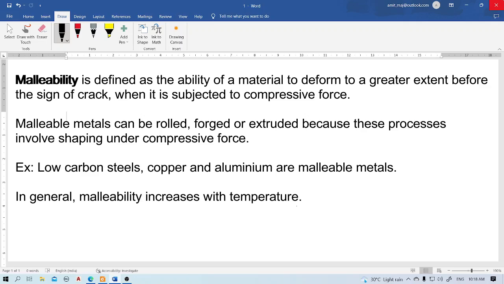As for example, low carbon steel, copper, aluminium are highly malleable metals. In general, malleability increases with temperature. Means जितना टेम्परेचर बढ़ेगा malleability उतना बढ़ेगा.